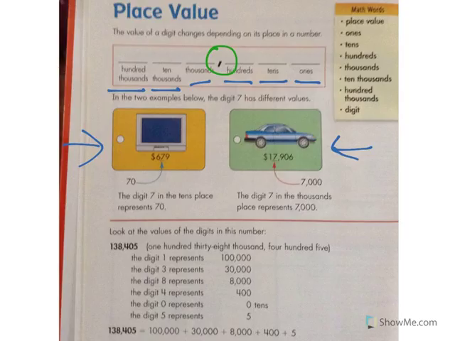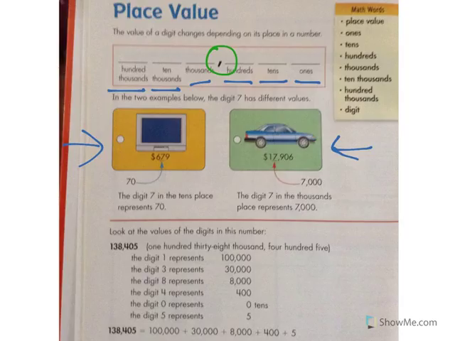So it's 7,000. And if we look at the example here, that 1 in that problem represents 1 10,000. The 7 represents 7,000. The 9 represents 900. The 0 represents 0 tens. And the 6 represents 6 ones.